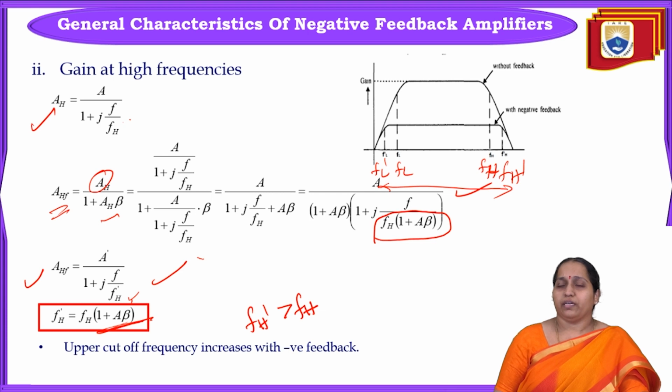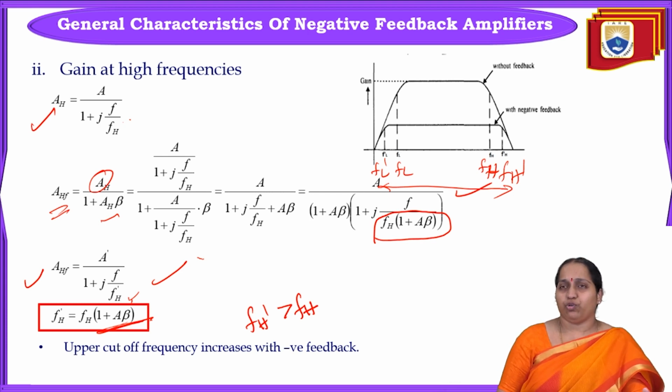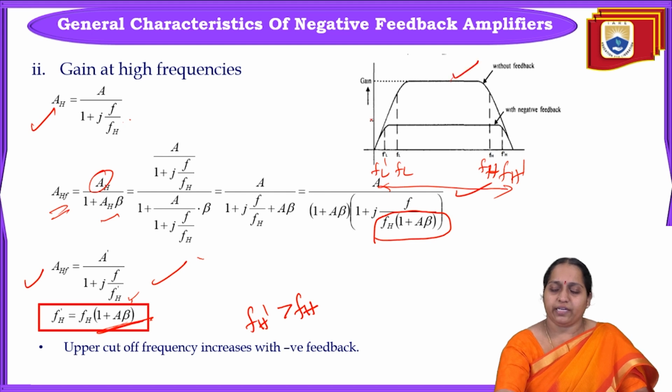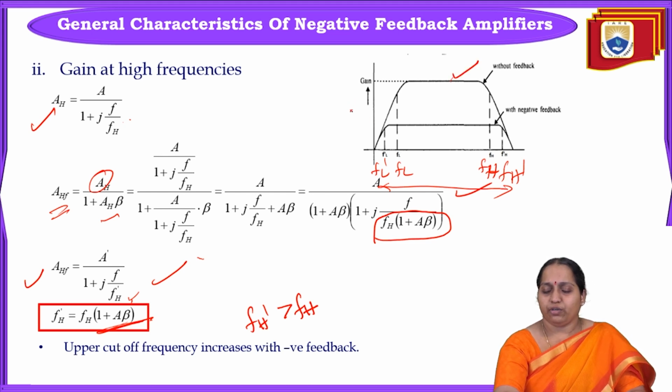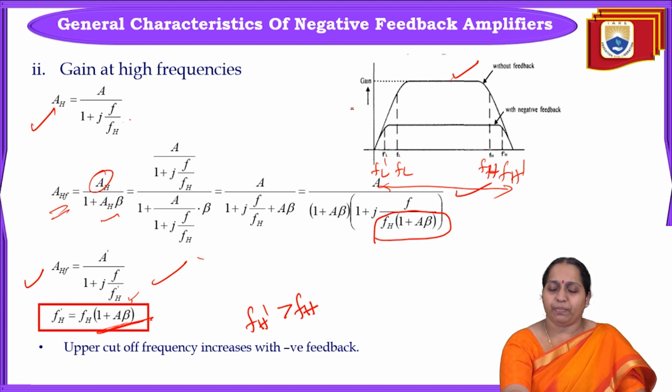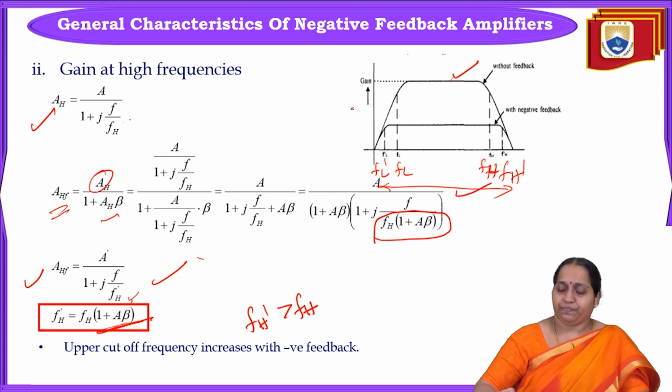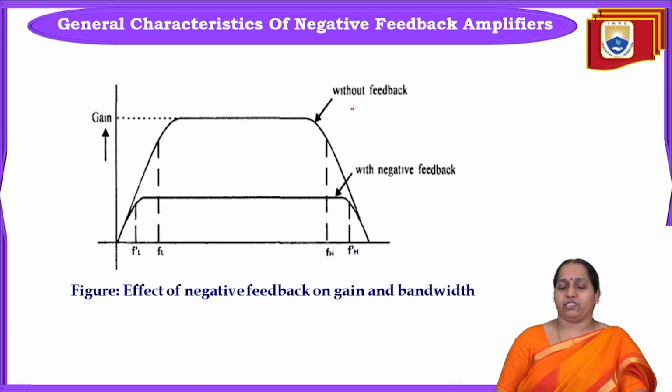Of course, gain without feedback is more compared to gain with feedback. As you can see here, gain is high without feedback, but bandwidth is less. So the same thing when you use negative feedback connection, what will happen? Bandwidth will increase, but gain will reduce. The same thing we can see here.